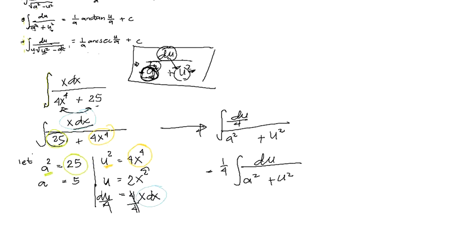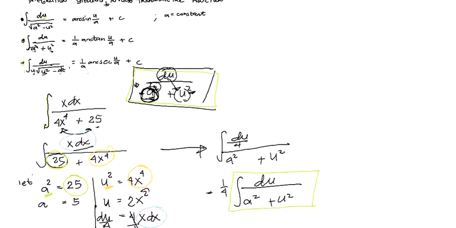And as you can see here, we are now in the form wherein we can directly apply our formula, which is then equal to 1/4 outside, multiplied by the integral of this term. So the integral of this is 1 over a arctan u all over a plus c.